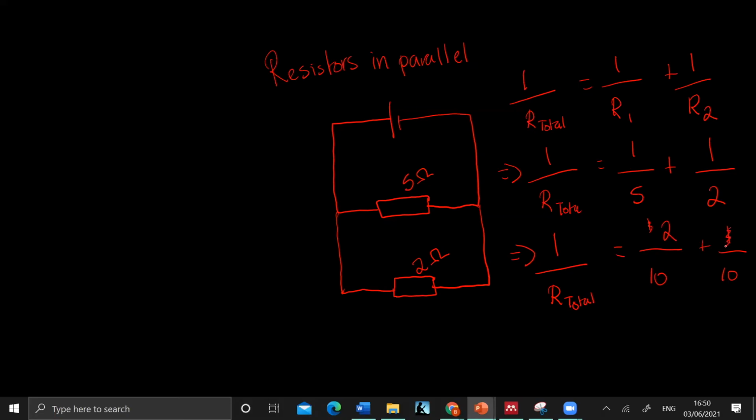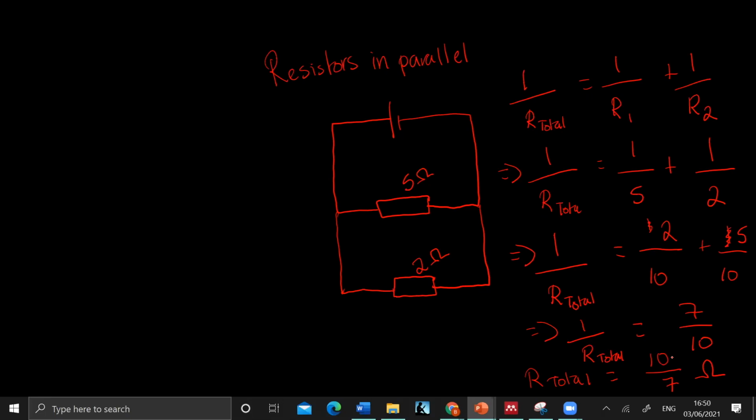If it's 1/2, it'll be 5/10. So you'll get 1 over R total equals 2 plus 5, which is 7/10. Then flip it round. To get R total itself, you flip this one, so it's 10/7 ohms.